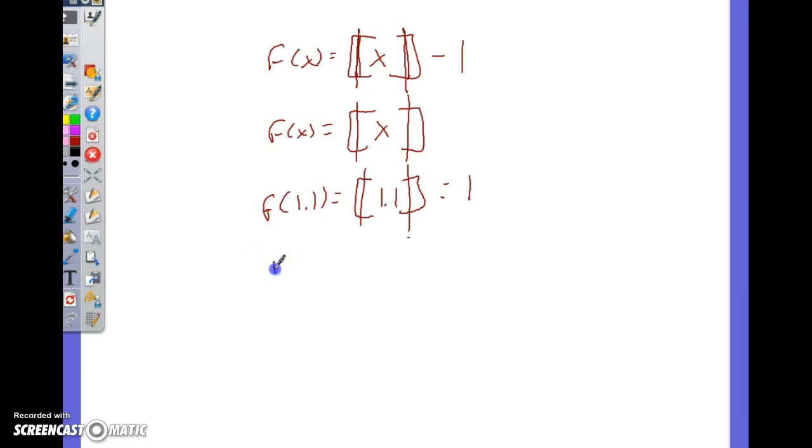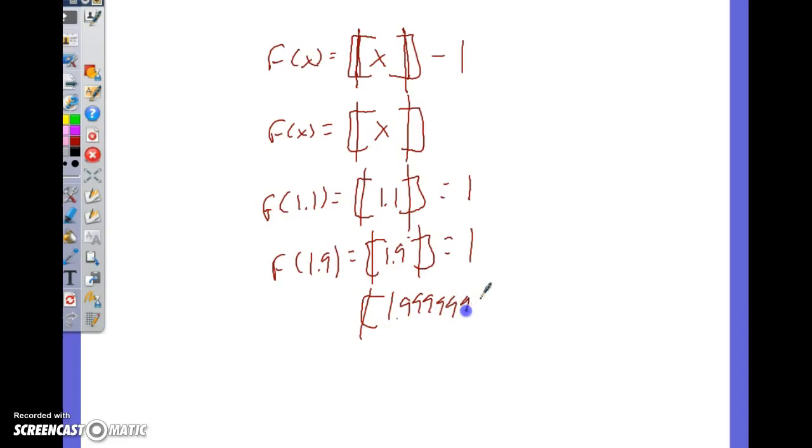Which leads to the second thing, which is really fun. What about 1.9? It's 1. But why is it 1? The greatest integer I've collected is 1. I haven't gotten to 2 yet, have I? What if I would do this for 1.99999999999999907?